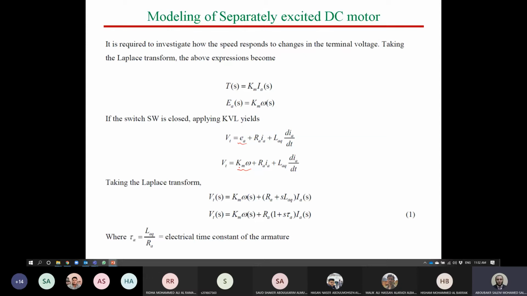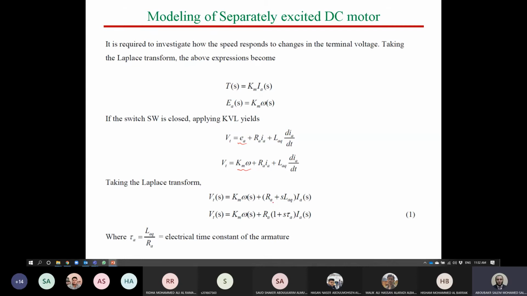If you convert from time domain to S domain, we can say now Km omega of S plus RA IA and here LA dIA by dt. You know d by dt in Laplace domain converts to S. So we can say SL and take I as a common factor. So we can say R plus SL multiplied by IA of S. This is now the Kirchhoff voltage law equation for the DC motor.